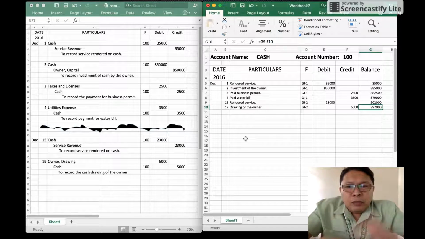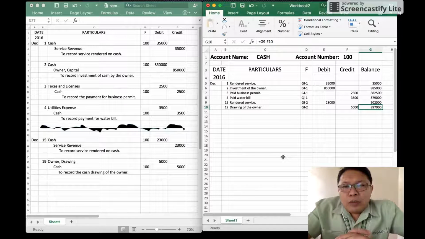Just repeat the process until you are done with transferring all of the amounts and the accounts recorded in your general journal. This amount appearing in your ledger will be used in the preparation of your trial balance.